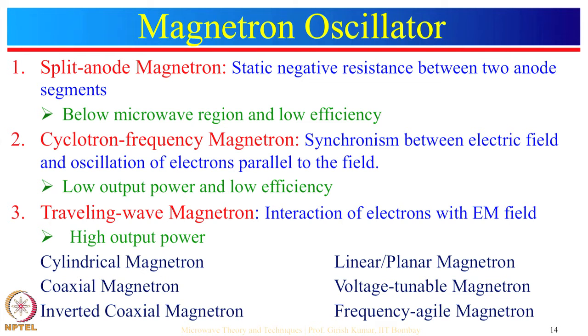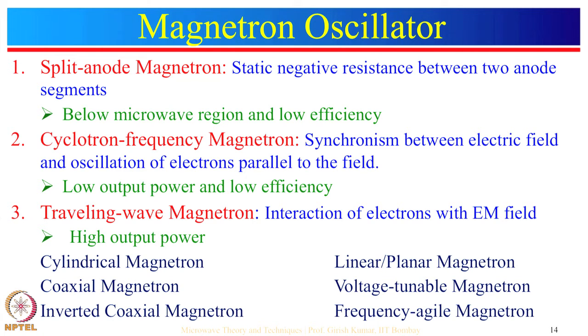In traveling wave magnetrons, there is an interaction of electrons with the electromagnetic field, as we discussed in the traveling wave linear beam tubes. So, because of traveling wave structures, they can produce high output powers and have better efficiency as compared to the other two.